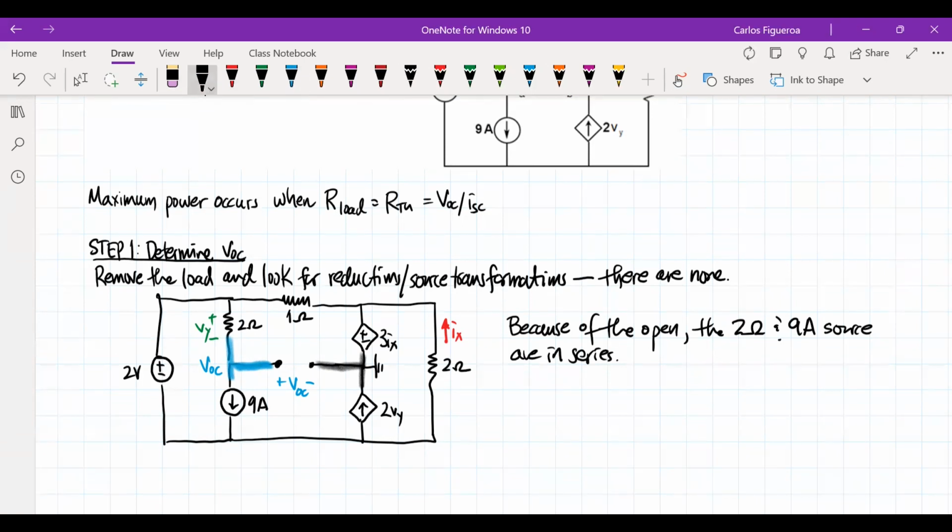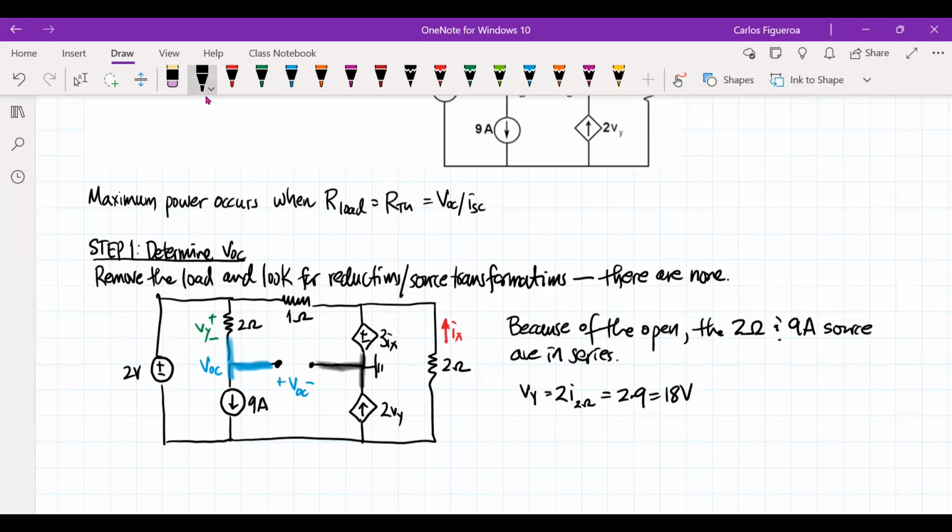Because of this, Vy should be 2 times the current of that 2 ohm, but that current of the 2 ohm is 9, so this should be 2 times 9, which will be 18 volts.